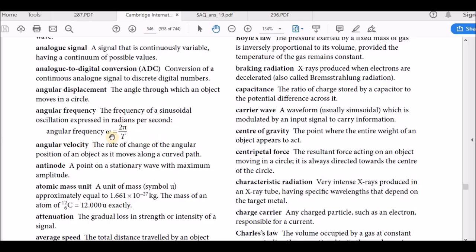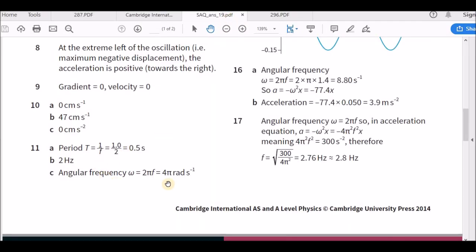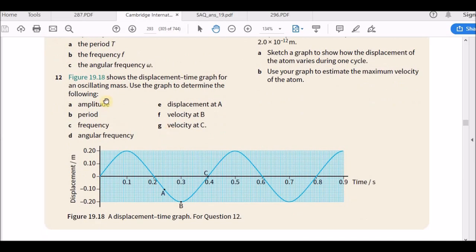Angular frequency is omega equals 2 pi over T. Omega is a Greek letter. So omega equals 2 pi f, or omega equals 2 pi over T. Substituting f as 2, we get 4 pi radians per second. Remember, the unit is radians per second.